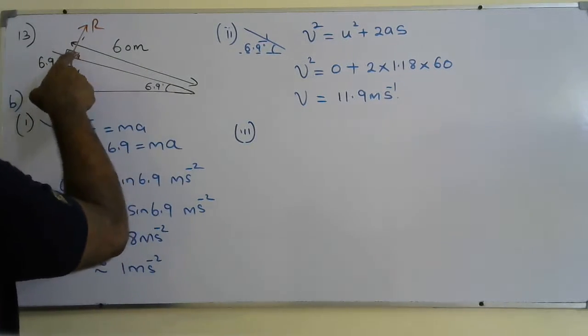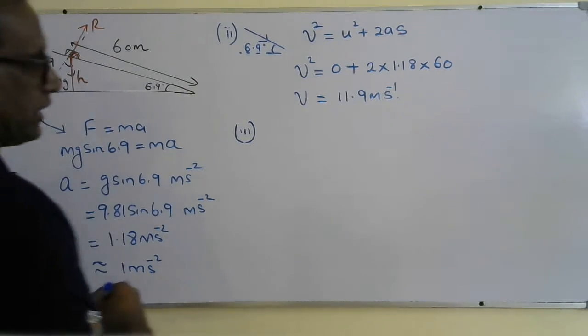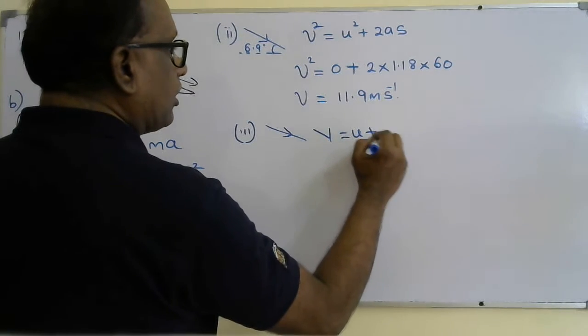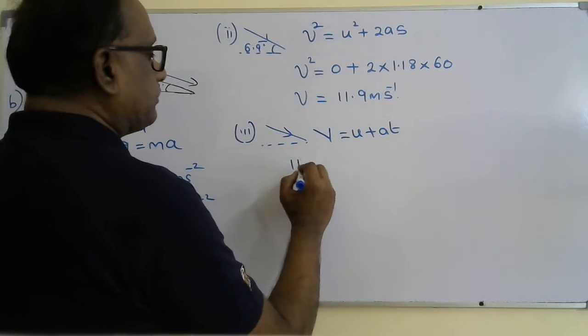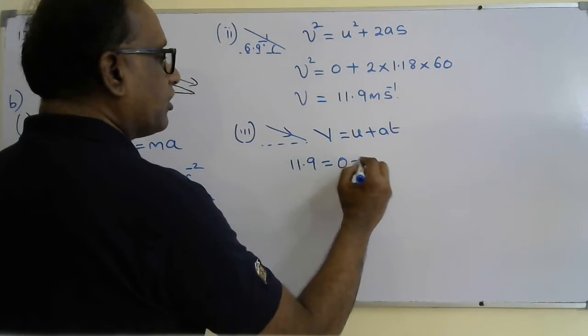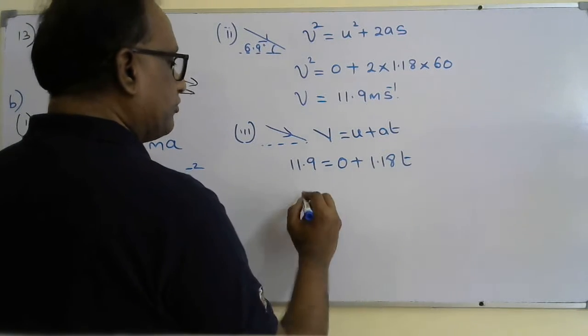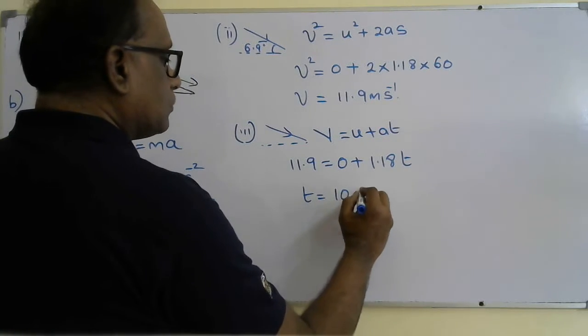I know the acceleration along the slope down is 1.18 and the initial speed is 0, so I better use v equals u plus at along the slope down. So 11.9, starting from rest, equals 1.18 t. Find t, it will be 10.1 seconds.